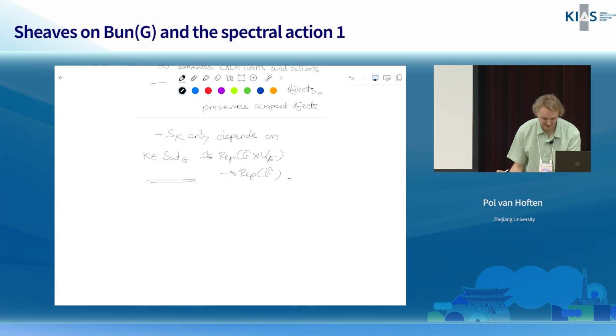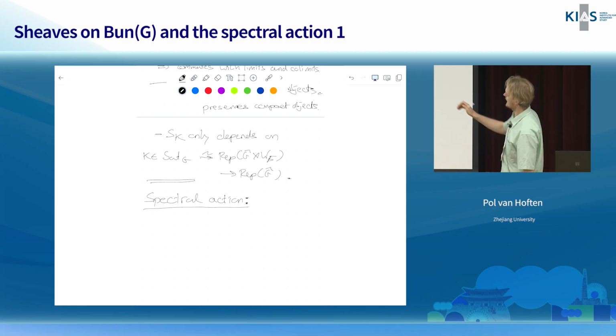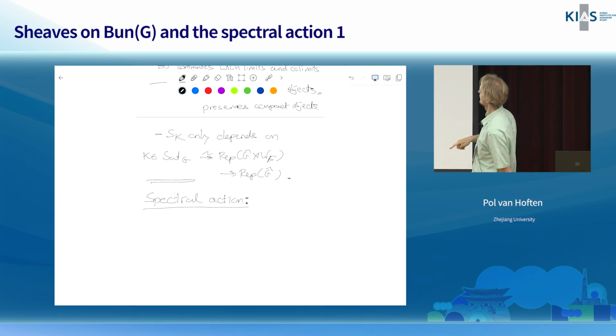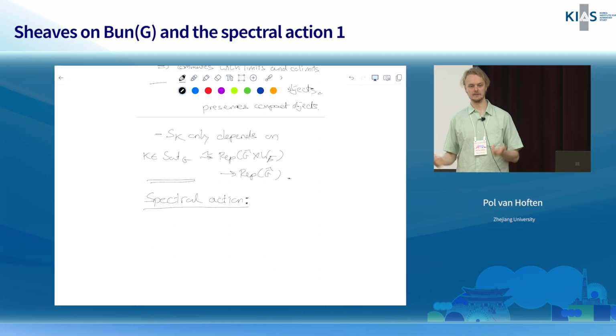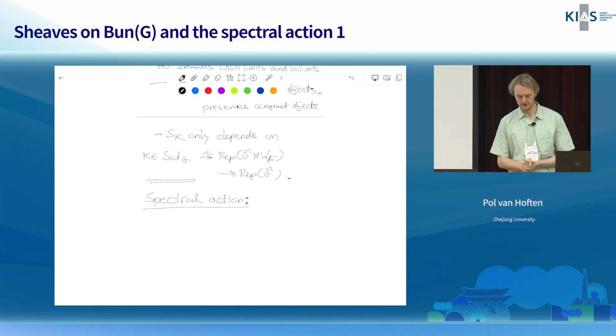Okay, so now we can finally get to trying to state the spectral action. So I have this action of Rep G hat, and the spectral action sort of gives me more than that.